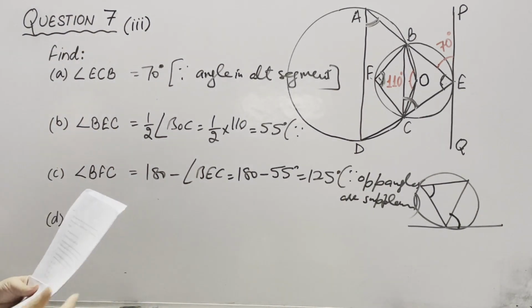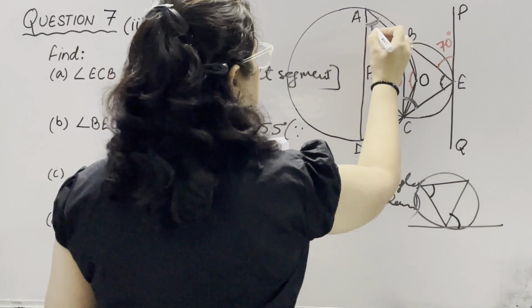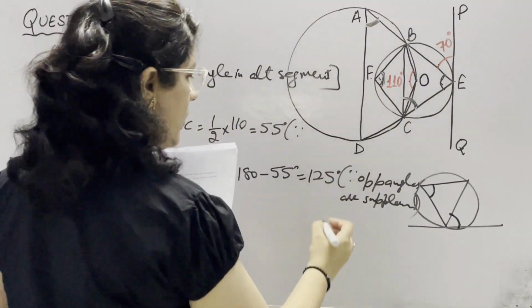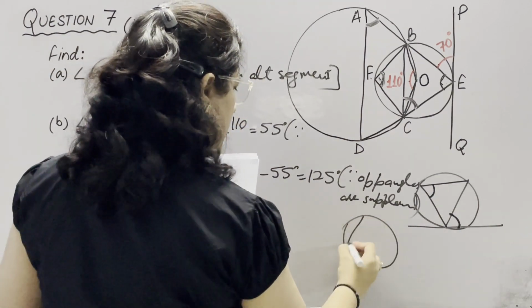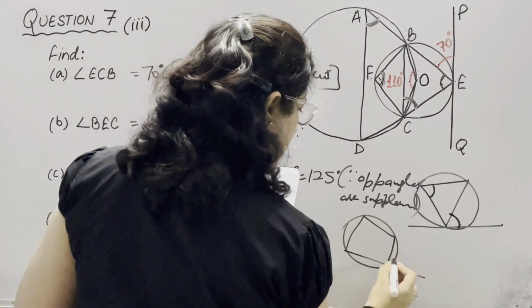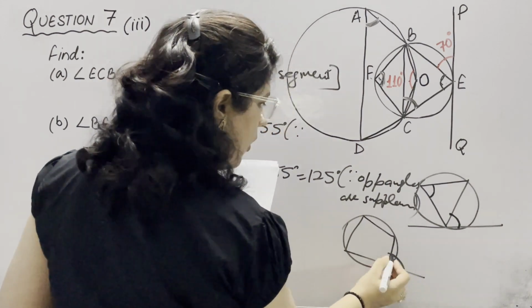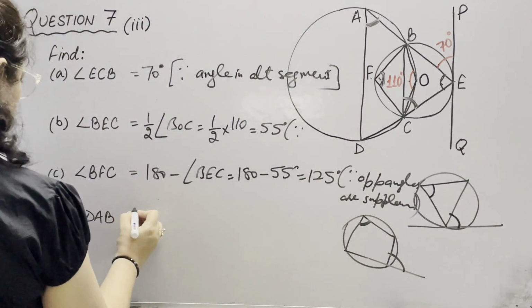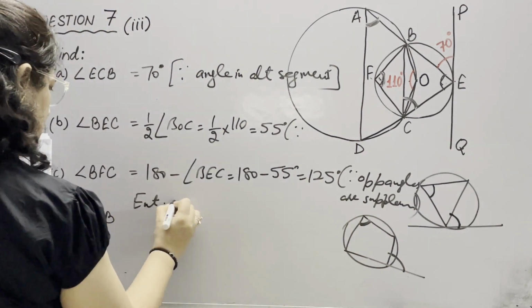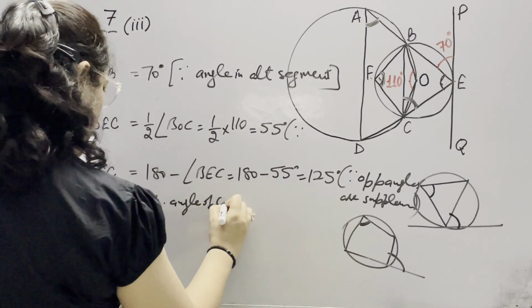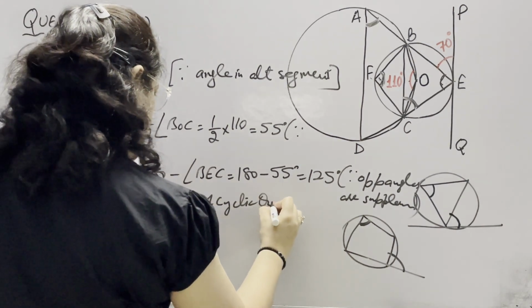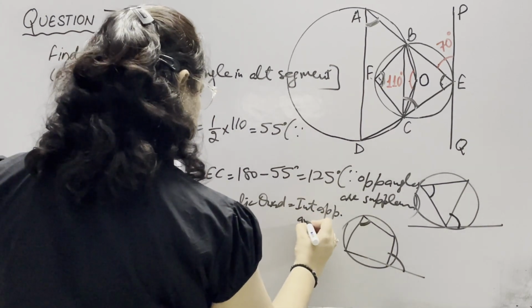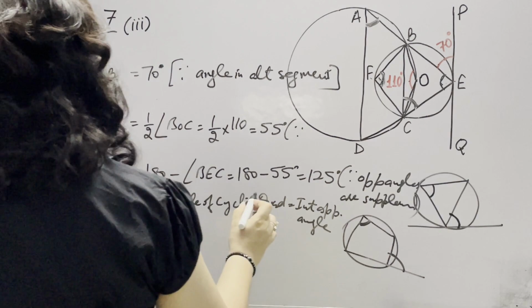Now DAB, angle DAB. So this is again a cyclic quadrilateral. ABCD is again a cyclic quadrilateral, and we know this property: in a cyclic quadrilateral, the exterior angle of one side is equal to the interior opposite angle. So we need to write that the exterior angle of a cyclic quadrilateral is equal to the interior opposite angle.